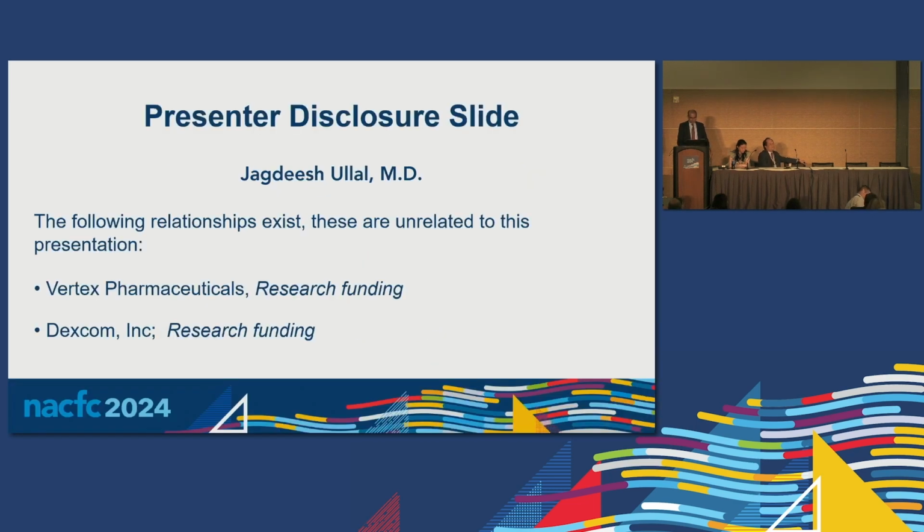Here are my disclosures, and what I'd like to talk about today is the treatments of osteoporosis or low bone density in cystic fibrosis bone disease, as well as talk about some of the pitfalls and maybe discuss an algorithmic approach to treatment.